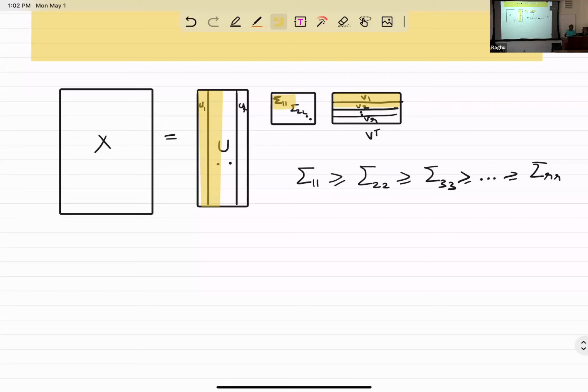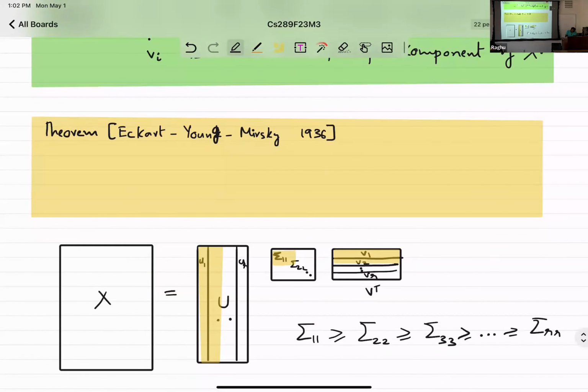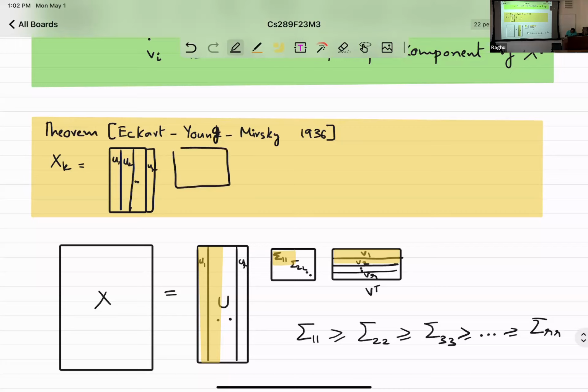You get a matrix of the form Xk, which is basically U1, U2, all the way up to Uk, and then the sigma, which I'm truncating, sigma 11, sigma 22, up to sigma kk.